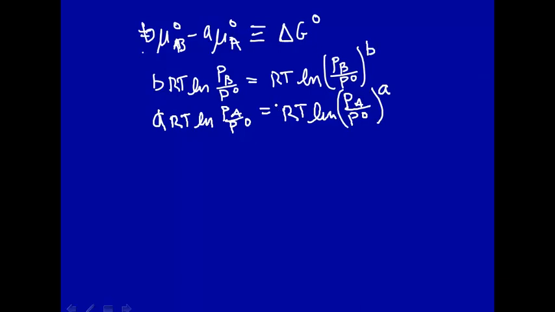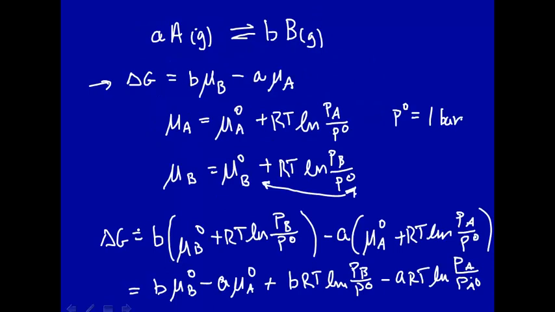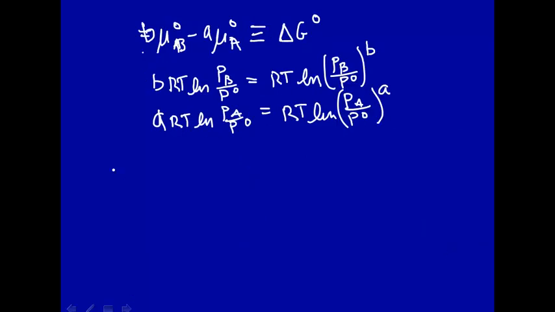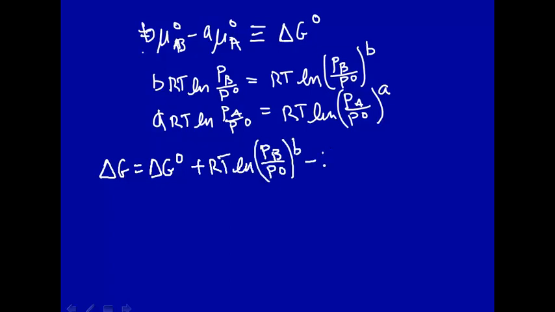So putting all those manipulations together, and using that symbol delta G to represent that, we're going to rewrite this equation. What we end up with is that delta G for the reaction is delta G0 plus RT natural log of PB over P0 raised to the B power, minus RT natural log of the pressure of A over the standard state pressure raised to the A power.